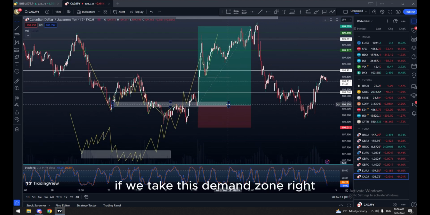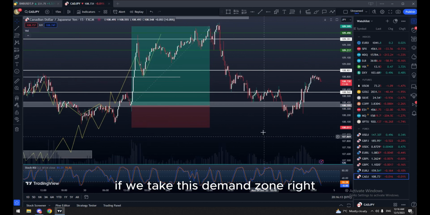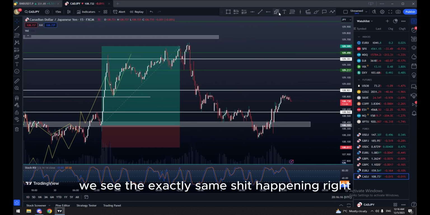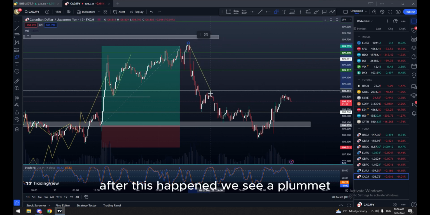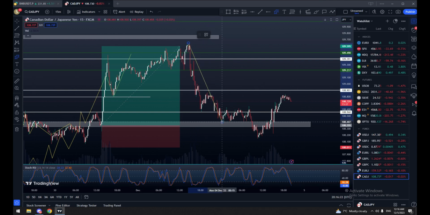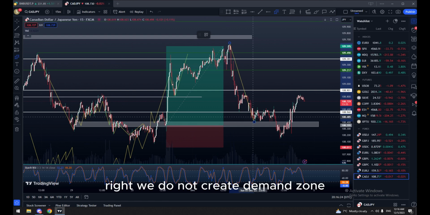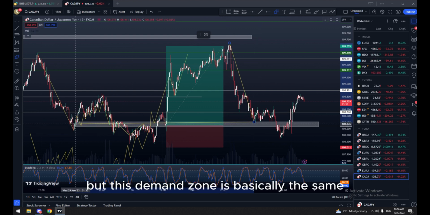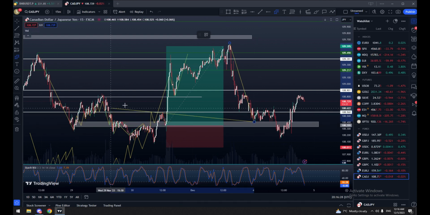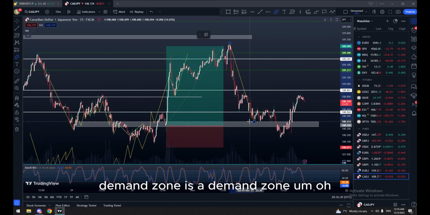But I want to show you a fun fact here. If we take this demand zone, right, we see exactly the same thing happening right after this happened. We see a plummet, right? We do not create a demand zone, but this demand zone is basically the same because it's still a demand zone.